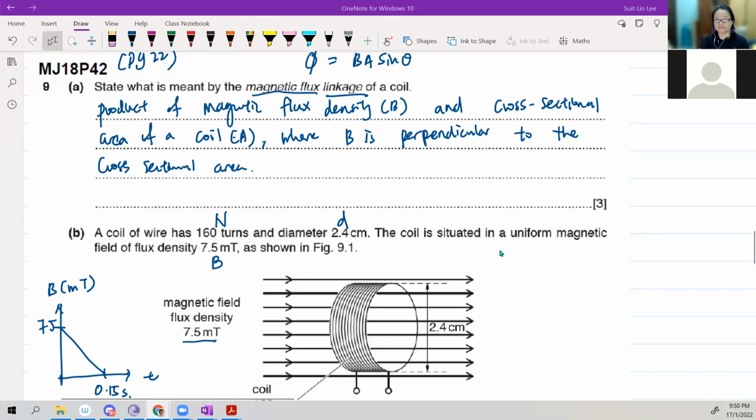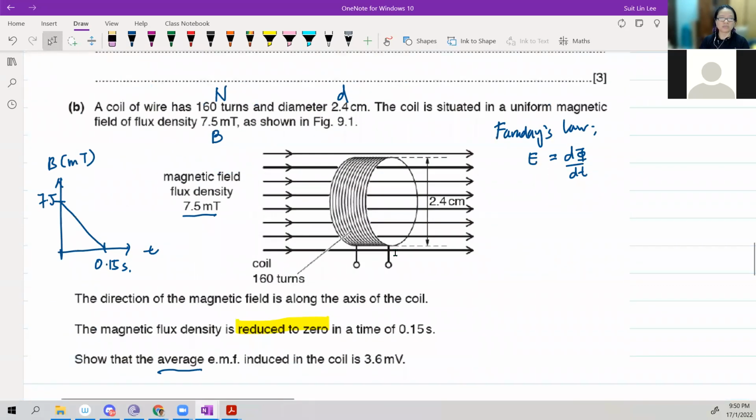We can use Faraday's law, where the induced EMF is directly proportional, or in this case, equal to dΦ/dt. The proportionality constant is 1. We can just use this one direct. Okay, so I'm going to start with this one. E is equal to dΦ/dt, and eventually, I get d/dt of the flux. What's the flux? NBA.